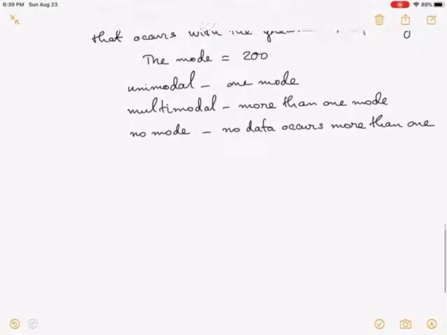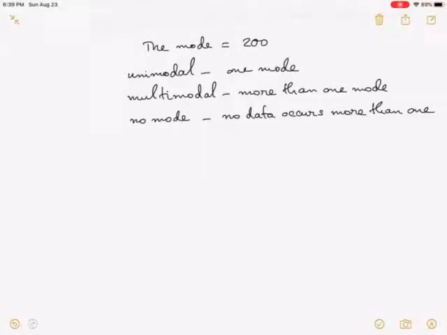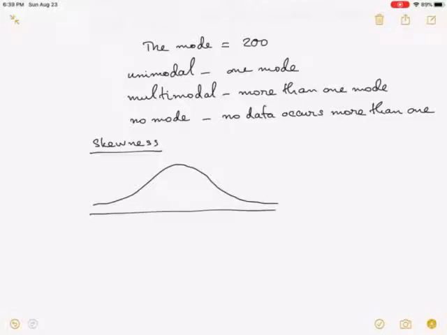Skewness and measures of center. So, if we have a bell-shaped graph, then the mean, the median, and the mode are the same.